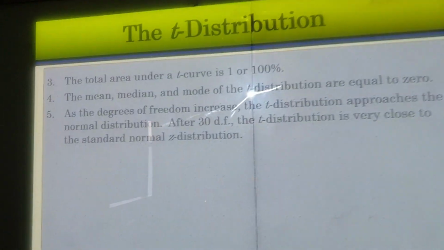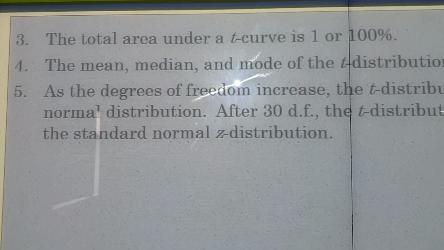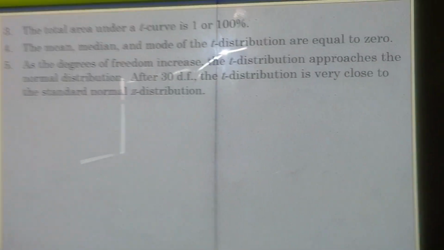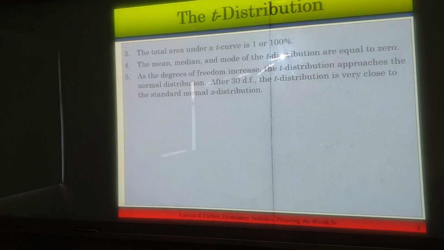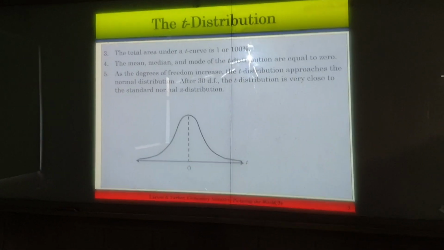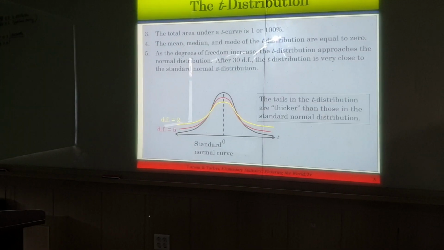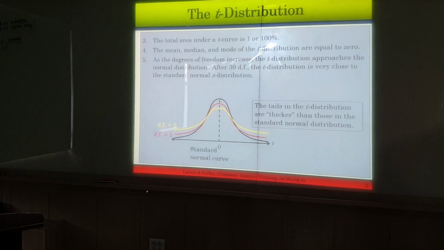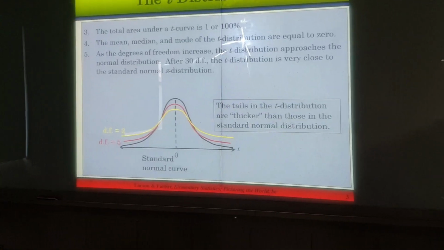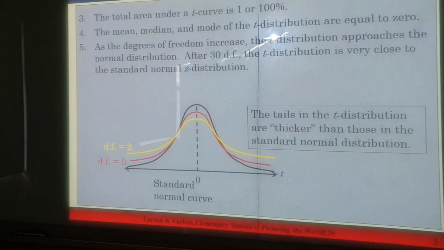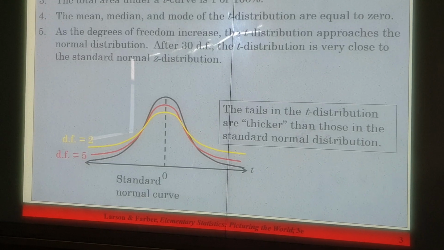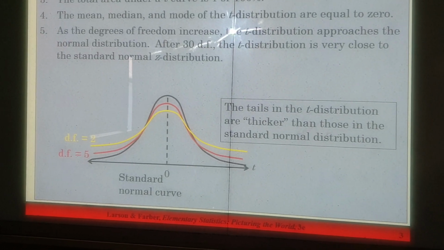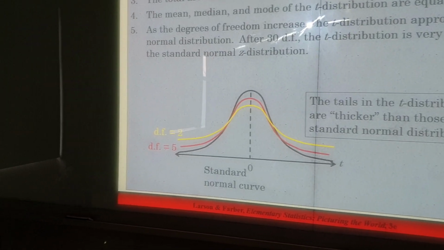What it means is, after 30 degrees of freedom, it looks like the normal distribution. As the degrees of freedom increases, it looks more like the Z distribution, and if degrees of freedom are low, then it is thicker.